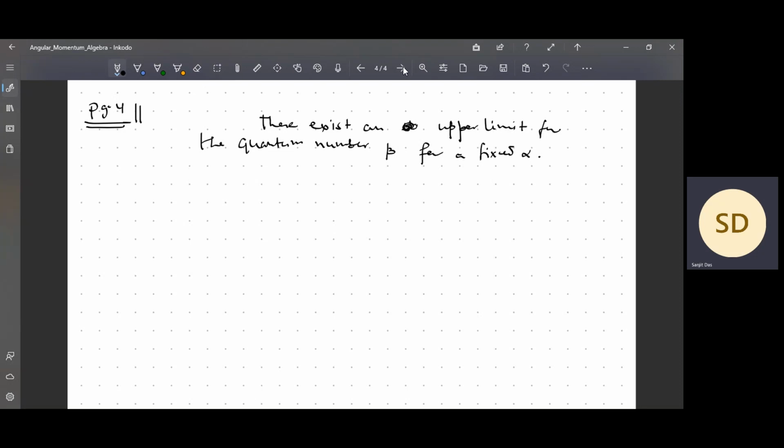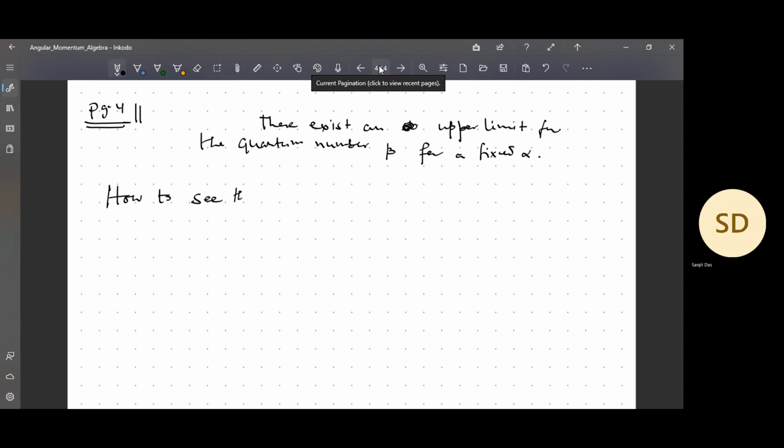Suppose I have chosen alpha. Now for that chosen alpha, I cannot make beta increase further. How to see this? Immediately it is not an obvious statement.